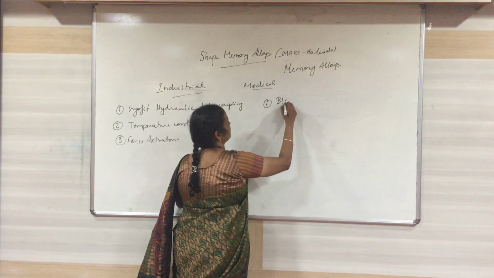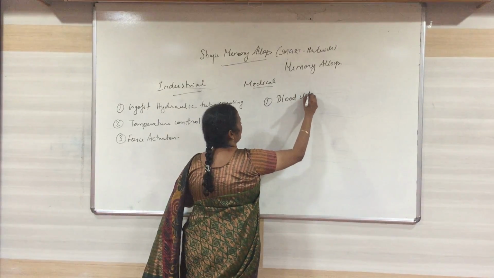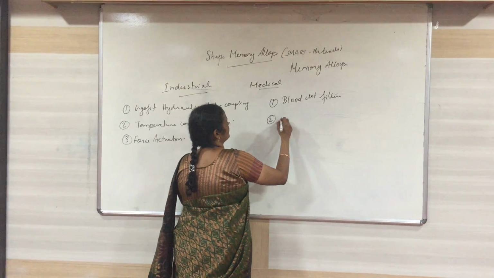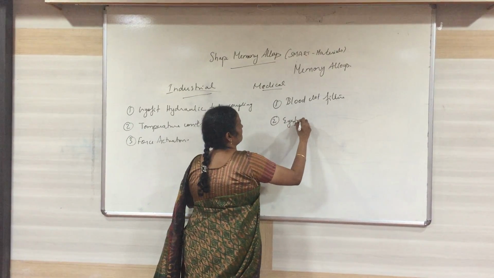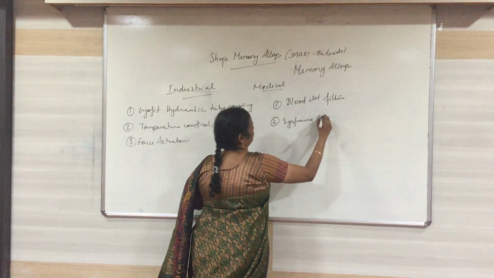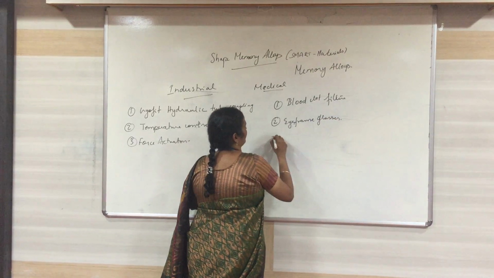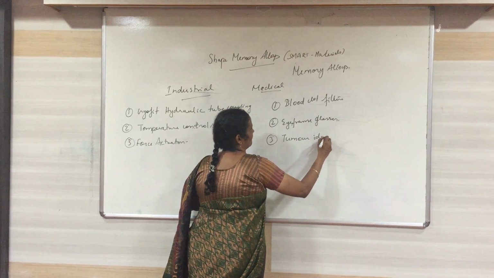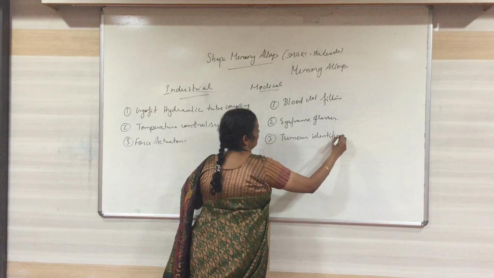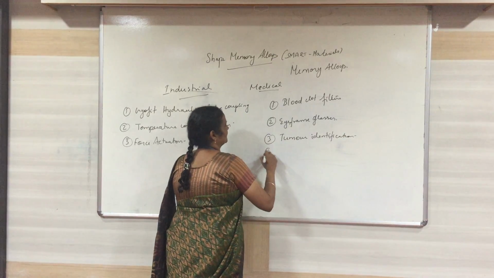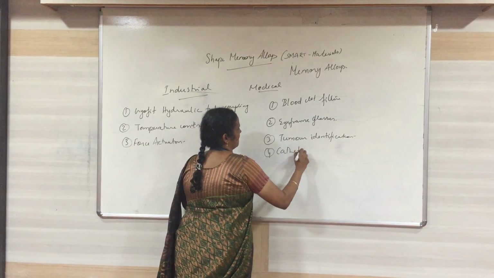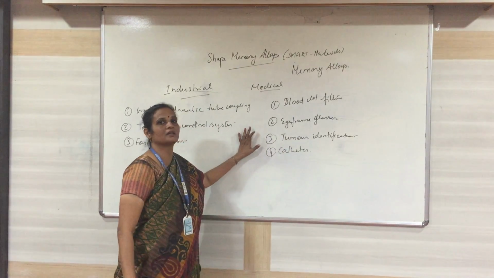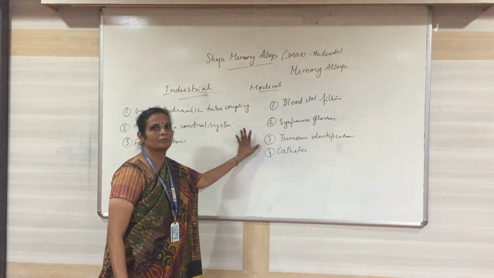Now we take medical applications. They are being used as blood clot filters. Then they are used as eye frame glasses, in tumor identification, and as catheters, etc. So mainly you can see that temperature variation changes the shape of smart materials.